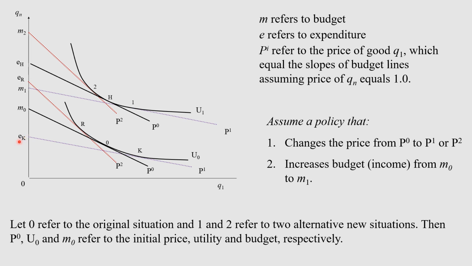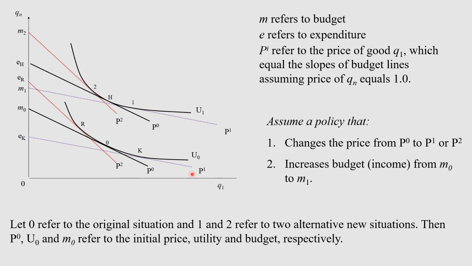So this would be the expenditure, EK, to get to K. ER would be the expenditure to get to R under these prices. And EH is going to be this point here, and this is at the original prices. So this is the expenditure to get to the utility indifference curve U1, at this price P0.